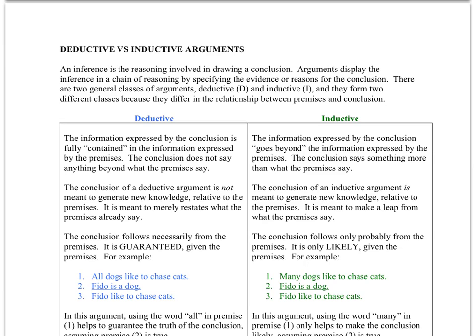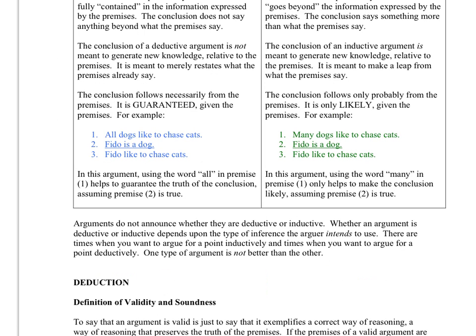And they differ by the way in which the premises support the conclusion. In a deductive argument, the idea is for the premises to guarantee the conclusion. Whereas in an inductive argument, the idea is completely different. The purpose or the aim is completely different.